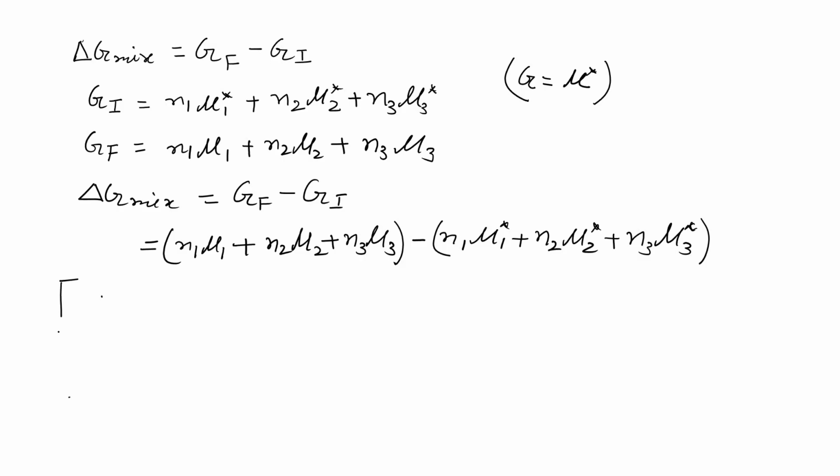Already I explained. We know that in the mixture of ideal gases we are taking, mu I is equal to mu I0, the standard chemical potential of the ith component, plus RT ln Pi, where Pi is the partial pressure of this gas.